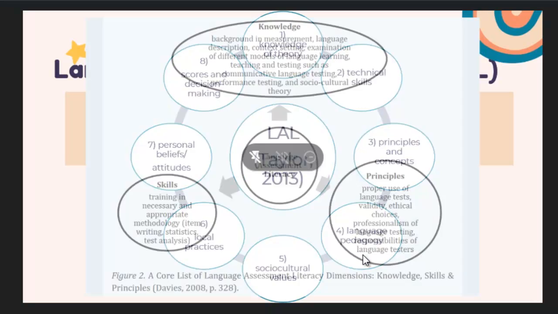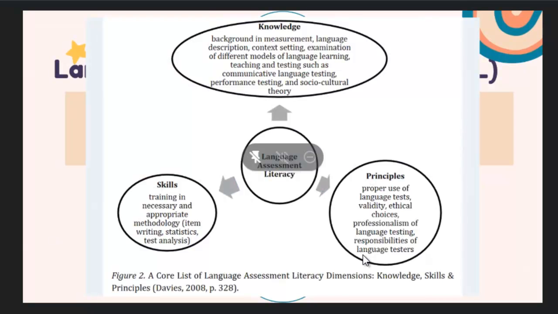And I also found another conception of language assessment literacy by Davies 2008. He divided language assessment literacy into 3 dimensions: knowledge, skills, and principles. Because actually language assessment literacy doesn't have a fixed definition.